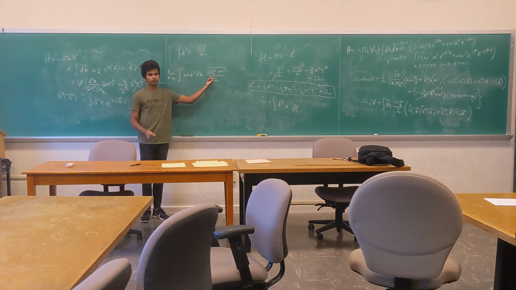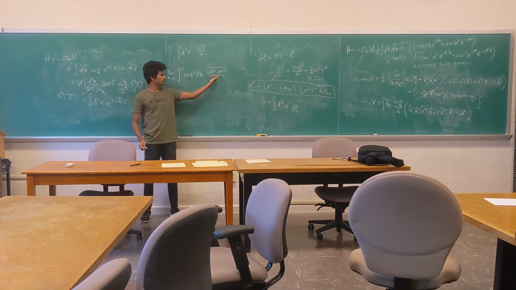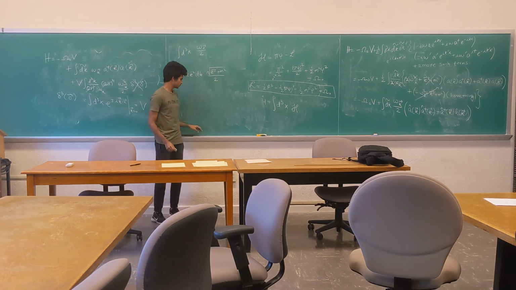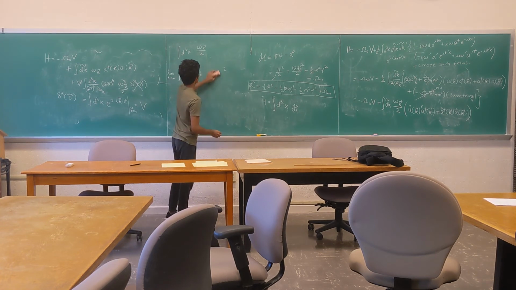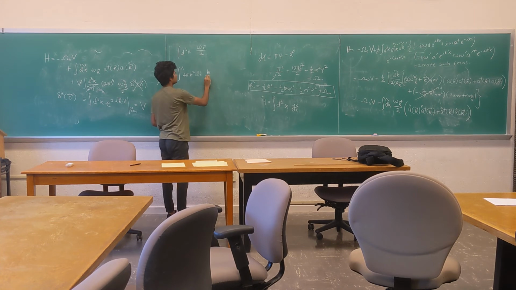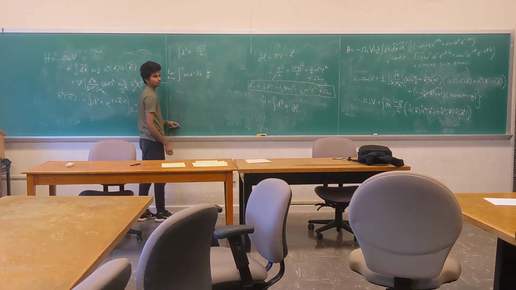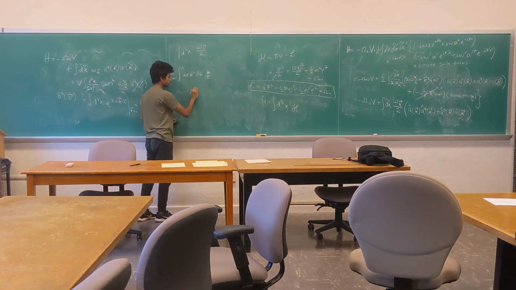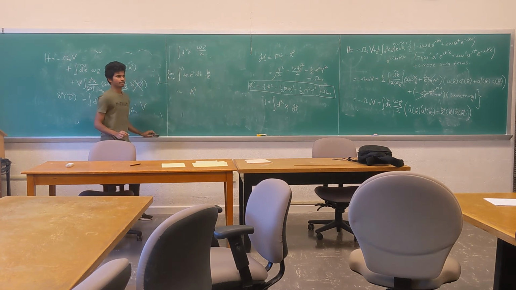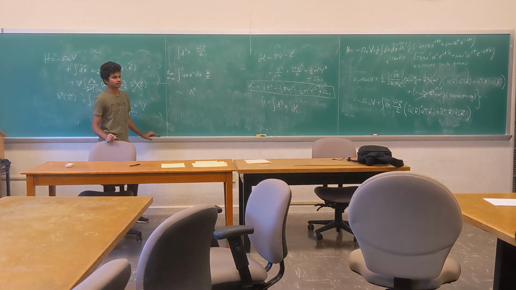For very large k, I can drop this m squared, so this just becomes k over 2. So this goes like some factors of pi and so on, k cubed dk, which is lambda to the 4. If you remember, Bauman did something like this in class for the vacuum energy.